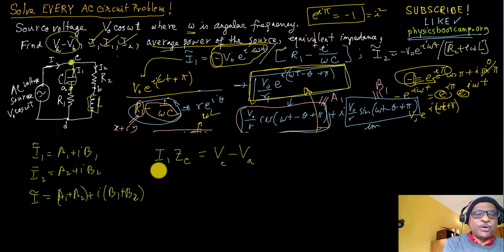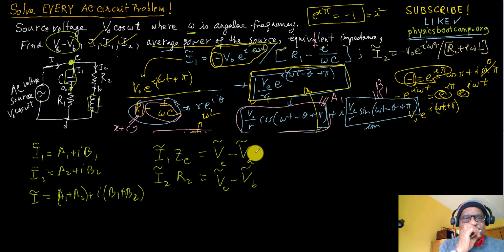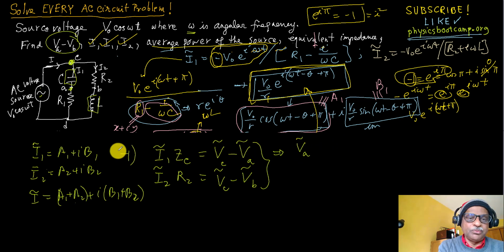And if I do I2 tilde, and this just R2, is equal to VC tilde minus VB tilde. So if I want to know the difference, I just subtract the first one from the second one. So on the right side I'm going to get VA tilde, but take a minus 1 times this and add it.